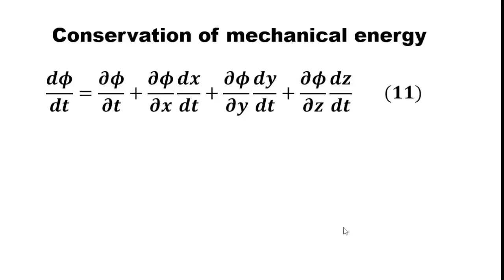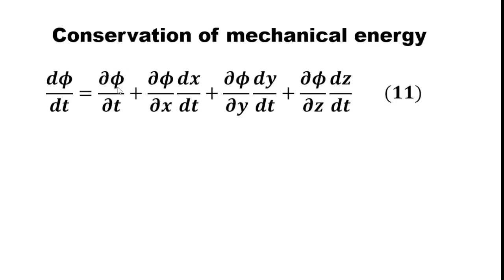We know that when a charged particle with some velocity v moves through a space, the total rate of change of potential experienced by the moving charged particle is given by the total derivative as shown in equation 11.